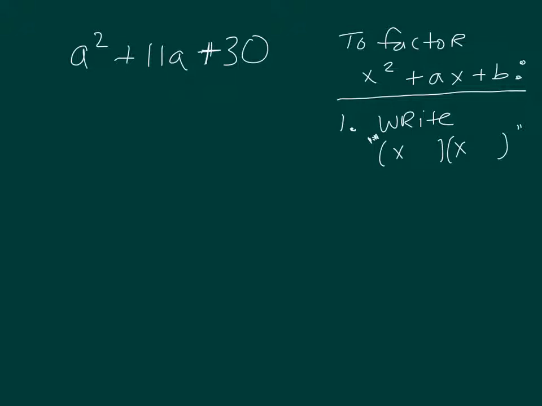Okay? And the reason why we do that is because this x and x will form the x squared, right? So now in our example we have a's, so I'm going to go ahead and write a and a in parentheses.